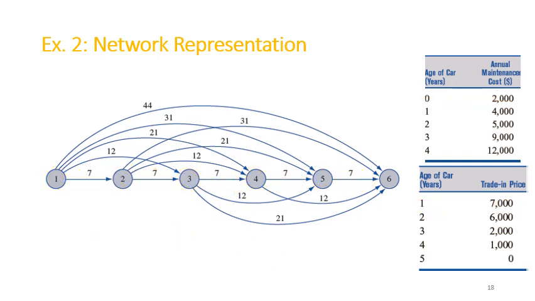Now you might also ask, why from 1 to 2 the cost is 7? From 2 to 3 the cost is also 7. Well, think about it. It doesn't matter at which point of time, as long as you are following the same plan: buy a new car at the beginning, use it for a year, and then at the end you sell it for a trade-in.